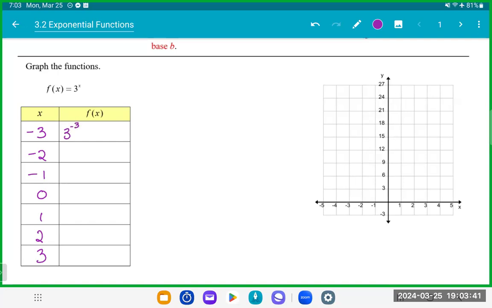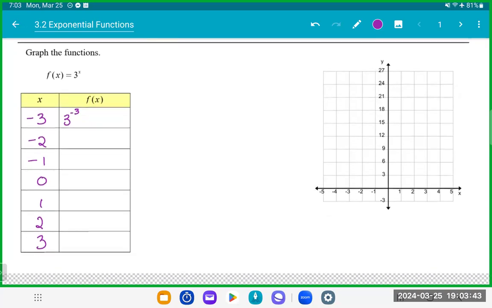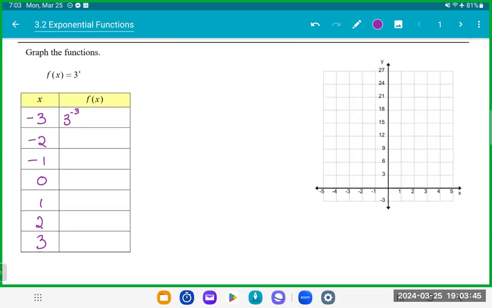So just a refresher, you guys probably already know this, but just in case you've forgotten, I'm going to give you a quick reminder. If I have an exponent up in the top, let's just say if I had x to the -2, that is the same as saying 1 over x to the +2.